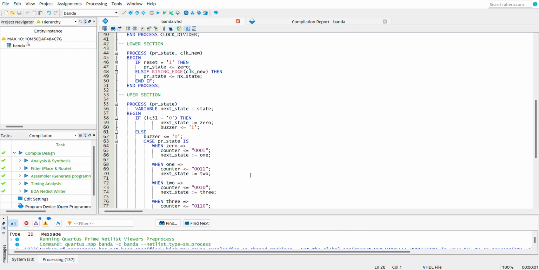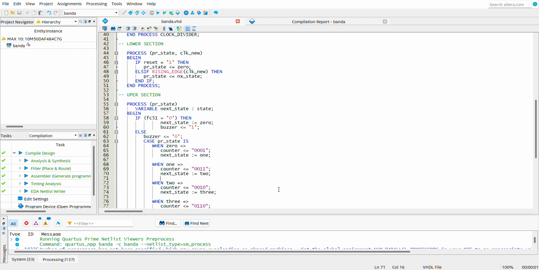So the upper section of the state machine defines the state logic and output control. This process determines the behavior of the system based on the current state and the input control signal, in this case the signal of the FC51.